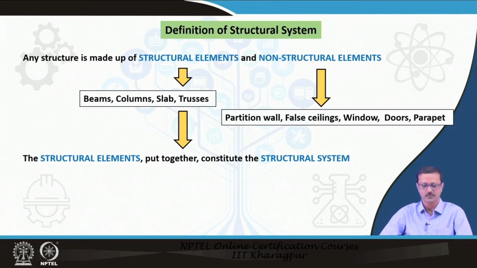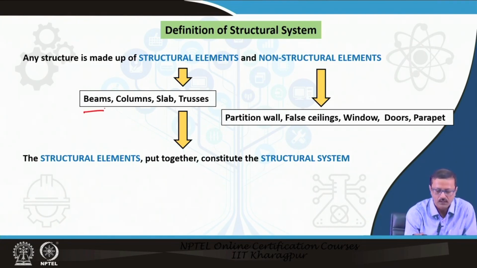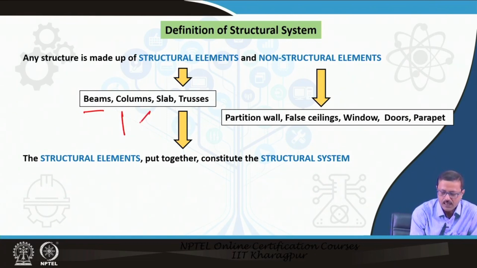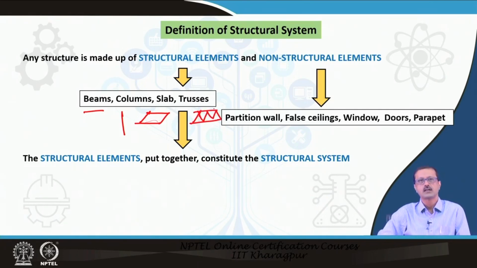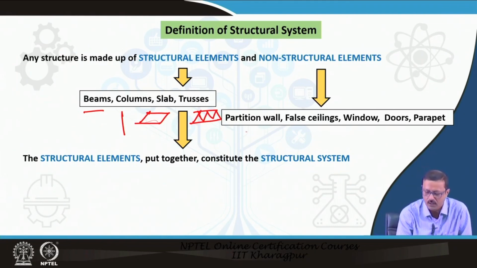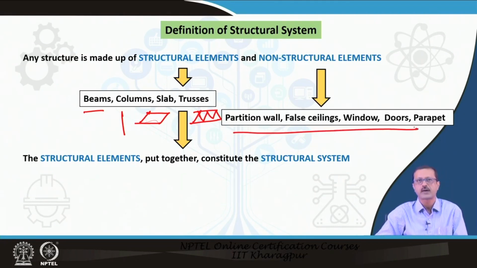In my PPT I have written down some elements of the structure: the beam is one, the column is another, the slab is something like a two-dimensional thing, and the truss. Whereas the partition wall, false ceiling, door, window, parapet, some flooring, some kind of mock up wall decor and all those kind of things come under the non-structural elements.